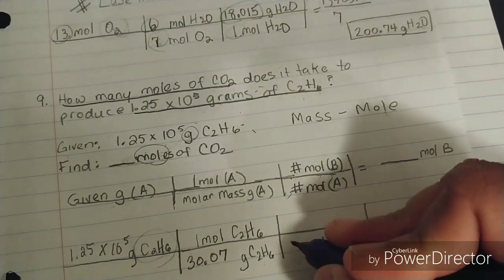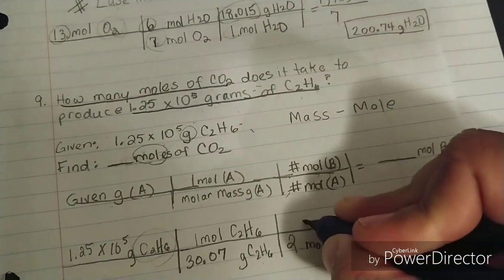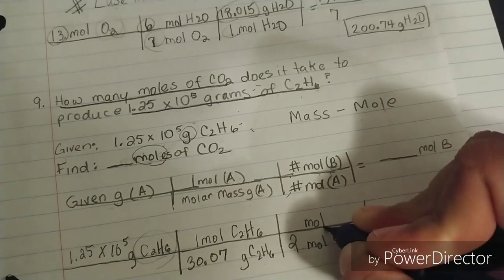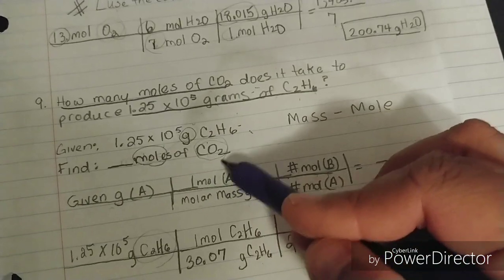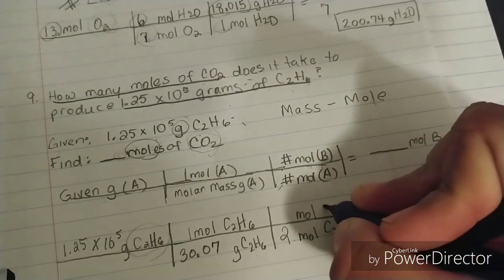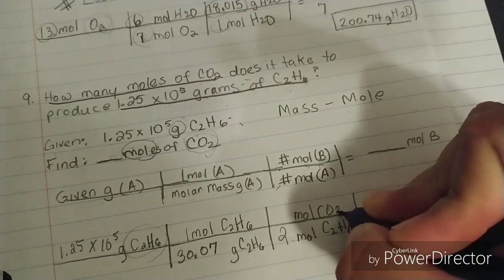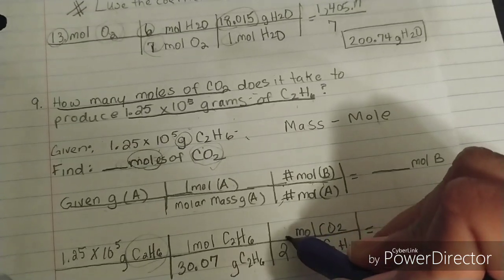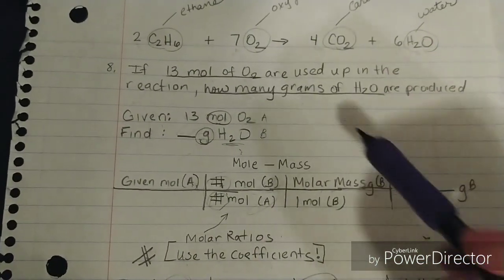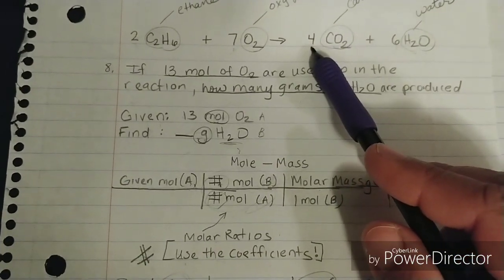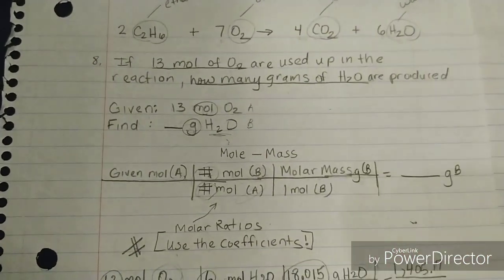So that's going to have a 2 here. And this is going to be a certain number of moles of B. And B is the one we're trying to find. So it's CO2. Now we have to look for the coefficient for CO2. Looking back at our equation, it's 4 for the coefficient.